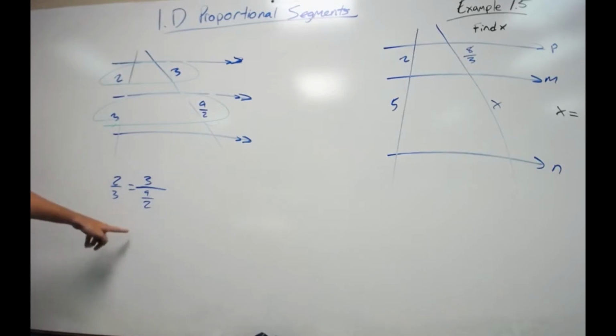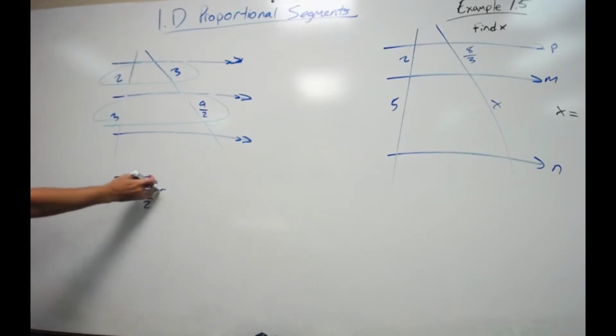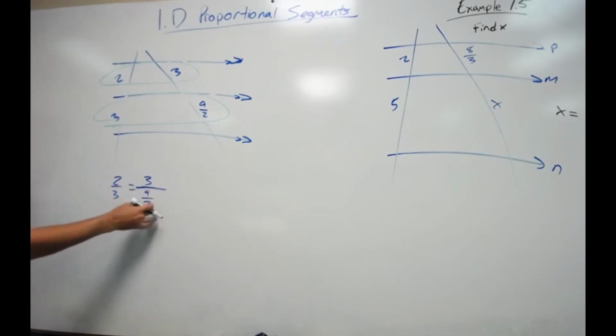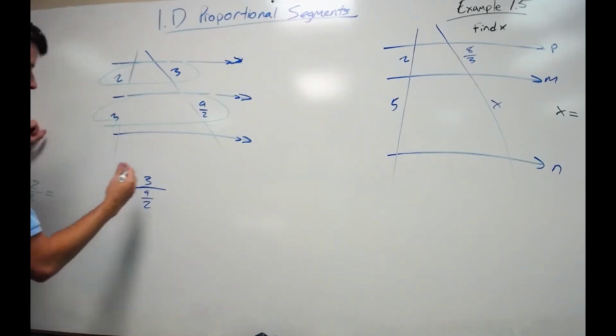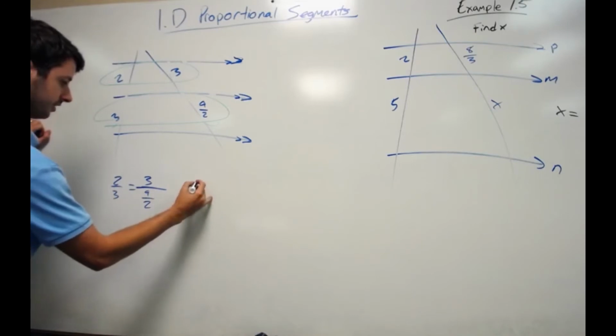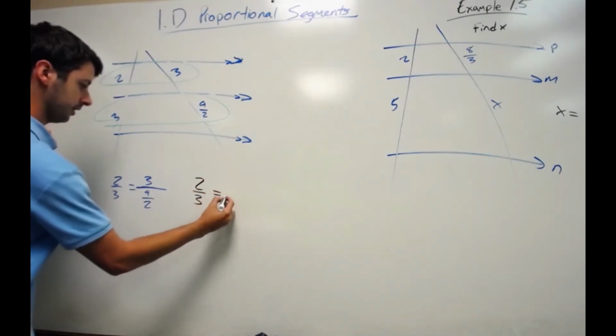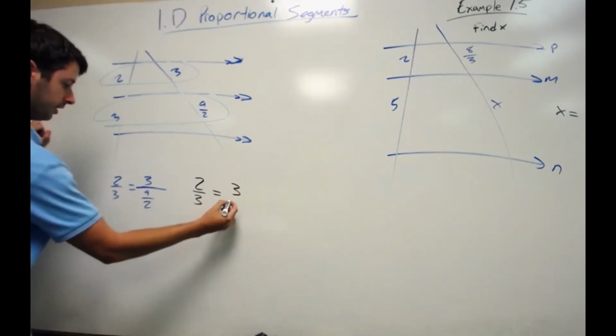Now, just to prove it, when we solve, you could do it different ways. You could do 3 divided by 9 over 2; you would have to multiply by the reciprocal since you're dividing by a fraction. We're going to do just dividing and solving first. 2 over 3 equals 3.